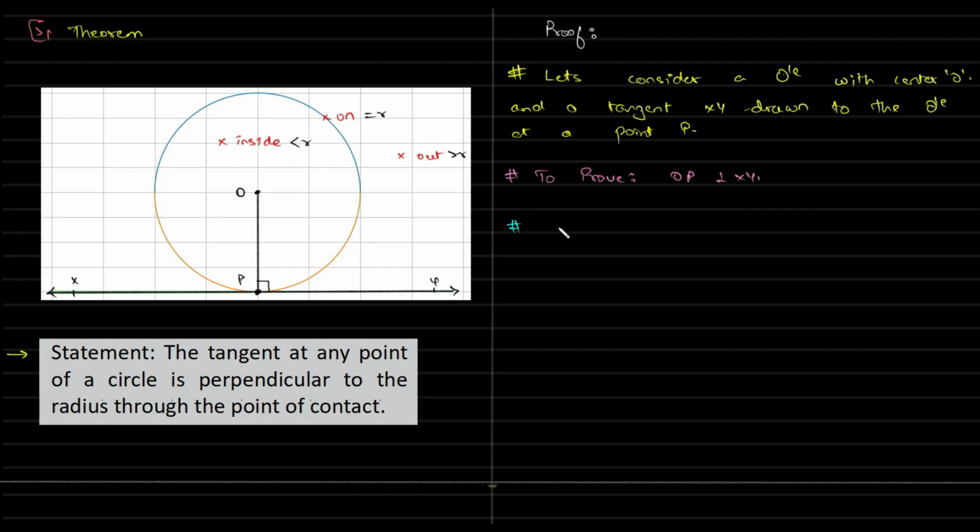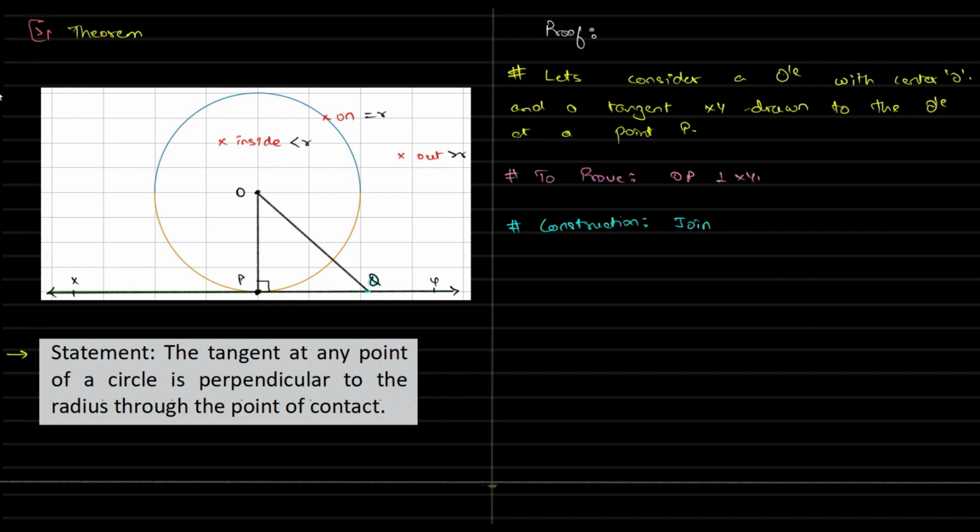Next is your construction. So what is it that we need to construct? We need to join. The thing is, we need to prove that this is the shortest length, right? The way to do that is to consider a point Q that is on the tangent, but it's not P, anything else.